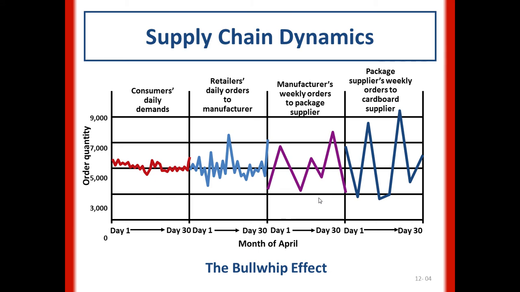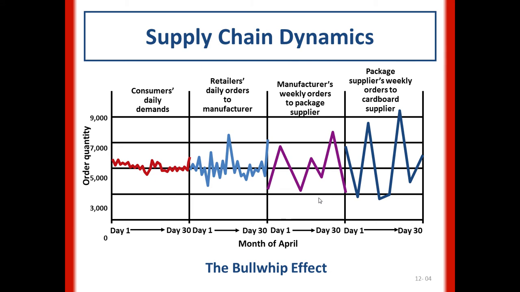and then affects other members as they move upstream. The effect can be fluctuated and create a ripple effect throughout the supply chain.